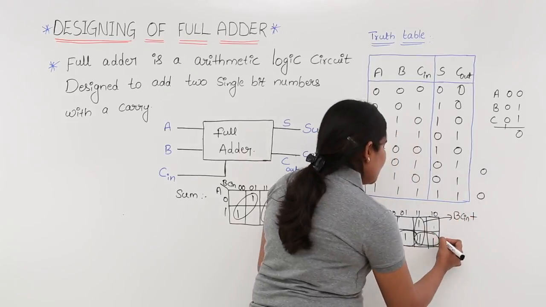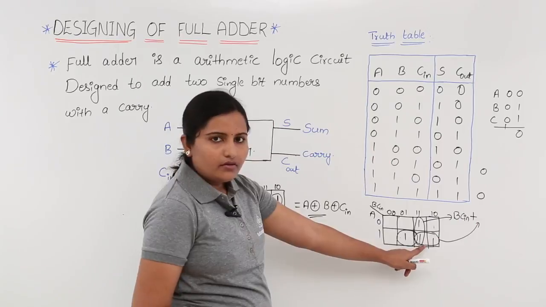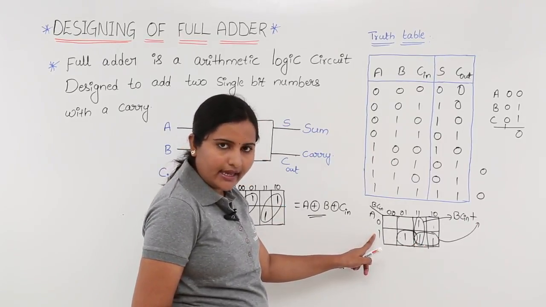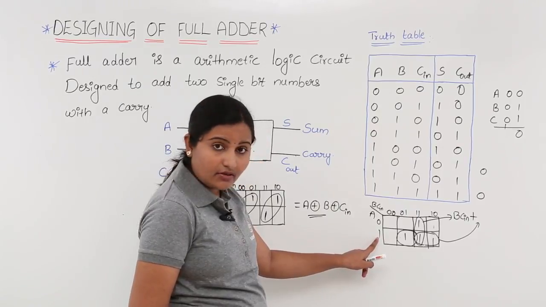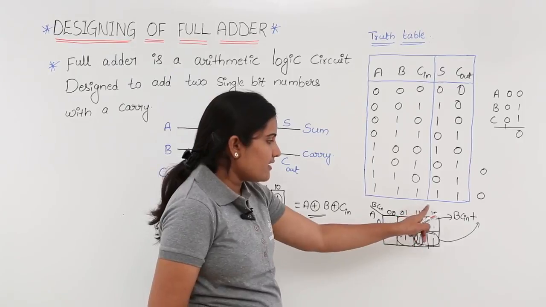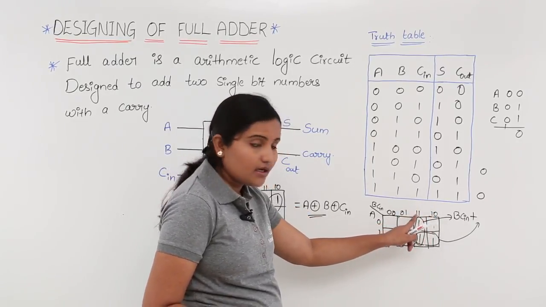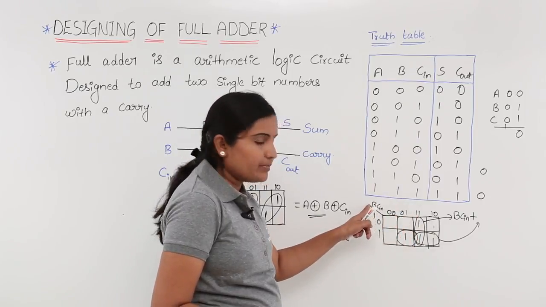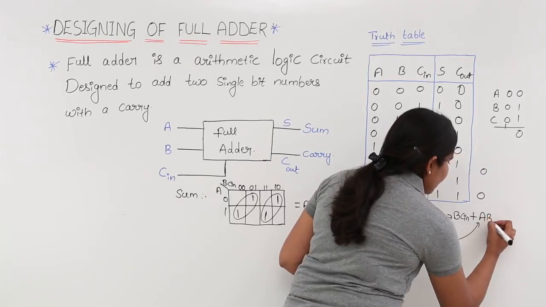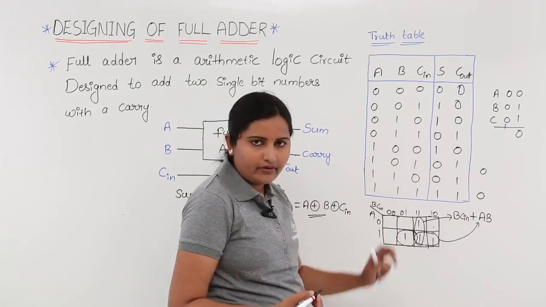Plus for this one: sidewise it is covering only a single cell, you can take it as it is, that is A, and top wise it is covering 2 boxes where the common one is B. So now the value here is A into B.